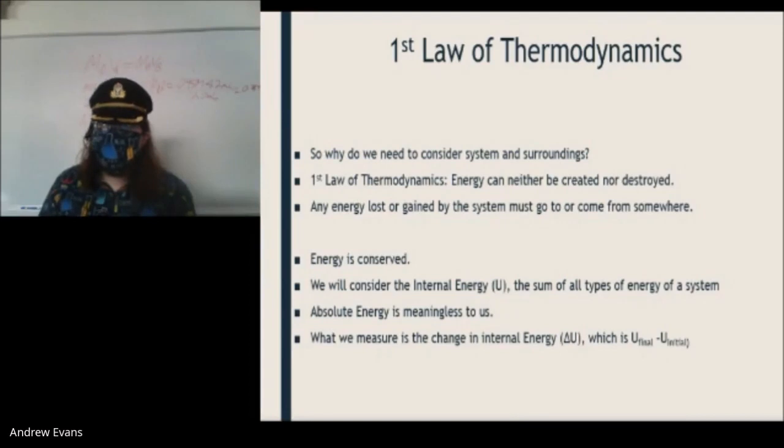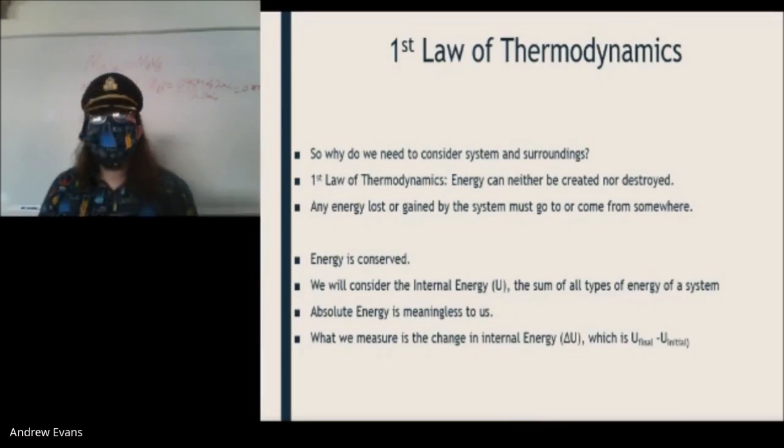One of the first things we'll consider is internal energy, which is simply the sum of all types of energy in the system. We won't look at an absolute internal energy because that means nothing to us. We have a bajillion internal energy units in our body, but that means nothing because we don't have something to base it off of. But what we will look at is the change in internal energy.